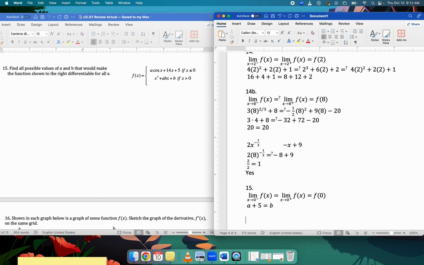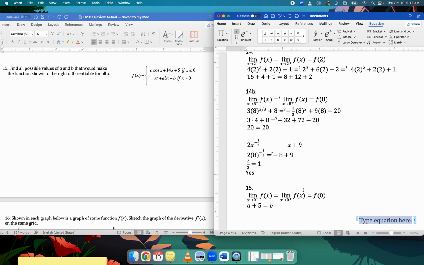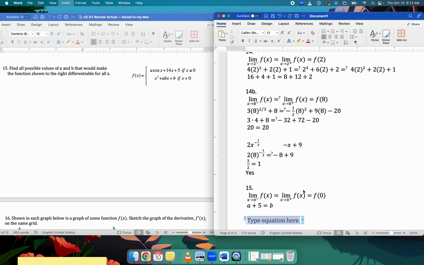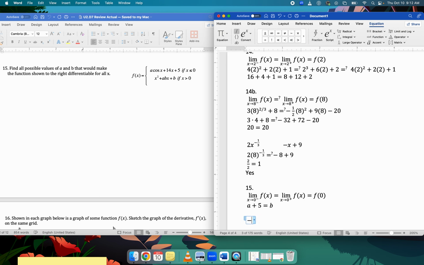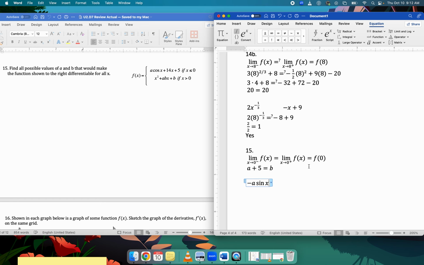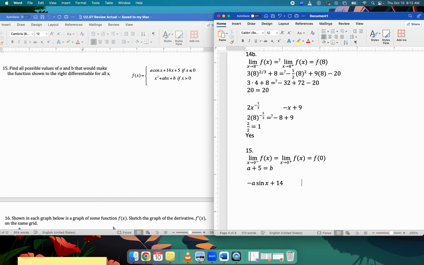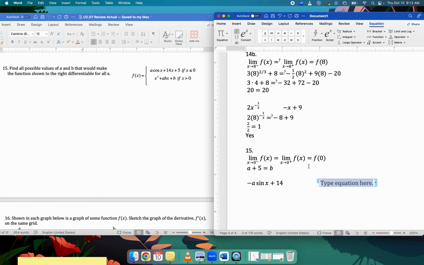The second equation is going to be obtained by saying the derivatives also need to match at x equals 0. So I'm going to take the derivative of each of these functions. Derivative of a cosine x is negative a sine x. Derivative of 14x is 14, and then that's it, because the derivative of 5 is 0. The derivative of the second function is 2x plus ab. The derivative of b is 0, because it's a constant.